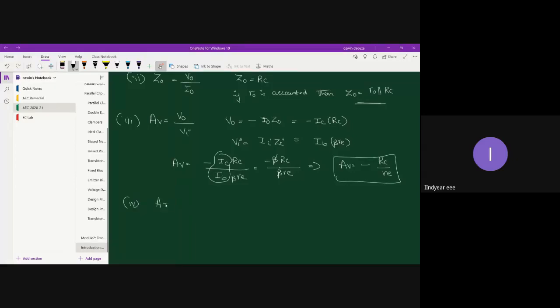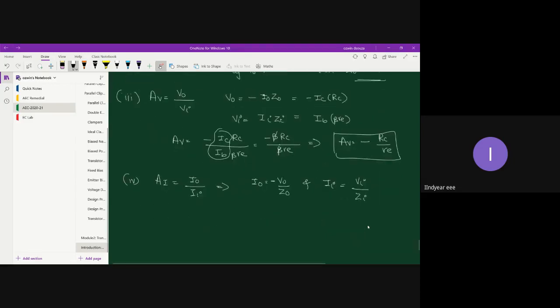Current gain, finally, we need to estimate. Current gain is I naught by II. That implies I naught is equal to minus V naught by Z naught. From the previous expression, you can obtain the expression for current, and II can be written as VI by Zi. It doesn't matter because Zi is already present there.